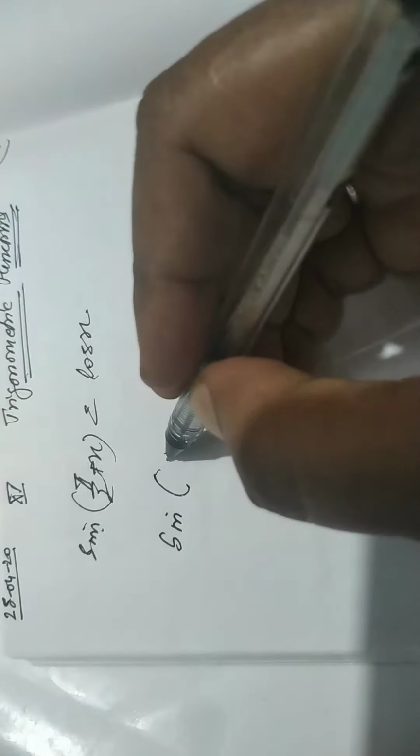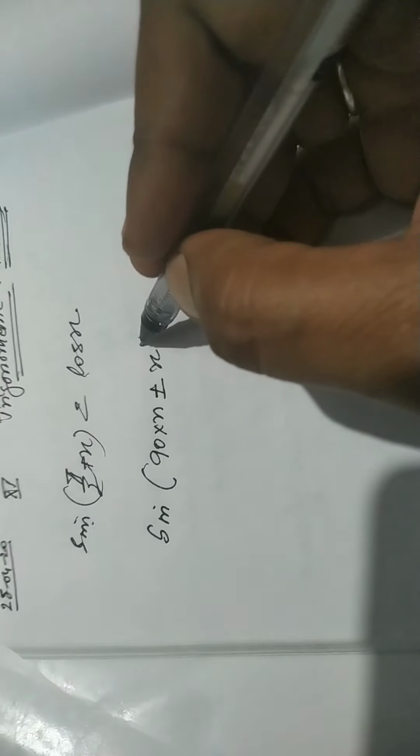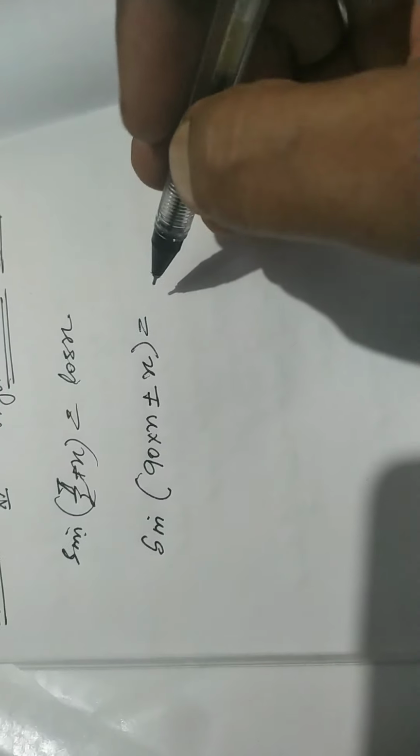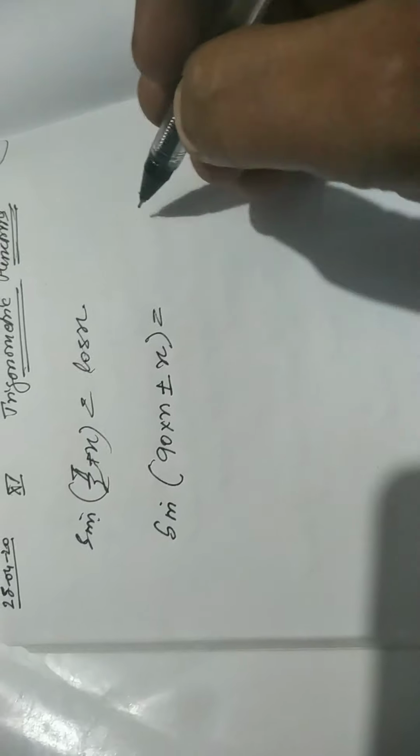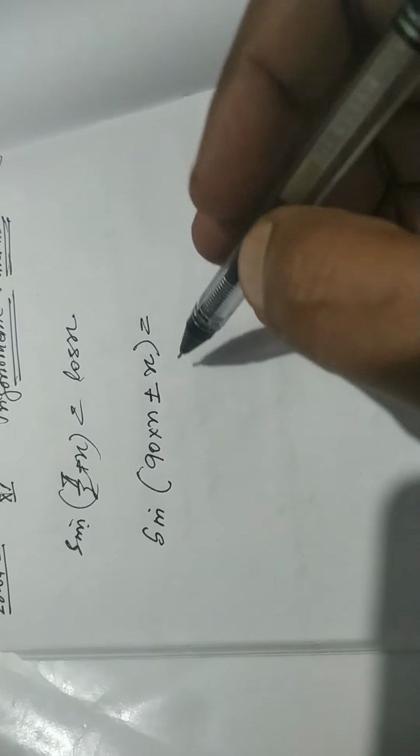That is, sin(90 × n ± x) is equal to... Here n is a variable and x is the angle. Let n be an odd number.